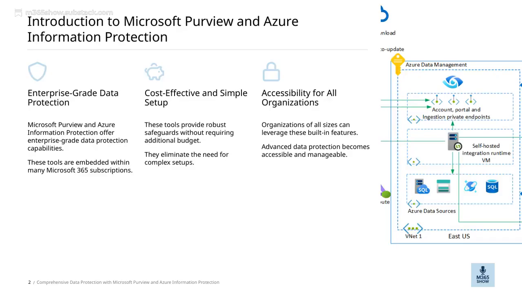They're integrated within many Microsoft 365 subscriptions, so organizations can leverage top-tier security features without having to invest in separate solutions. Overall, these tools help us ensure that our data remains protected, no matter the size of the organization, and they do so in a way that's simple, affordable, and highly effective.